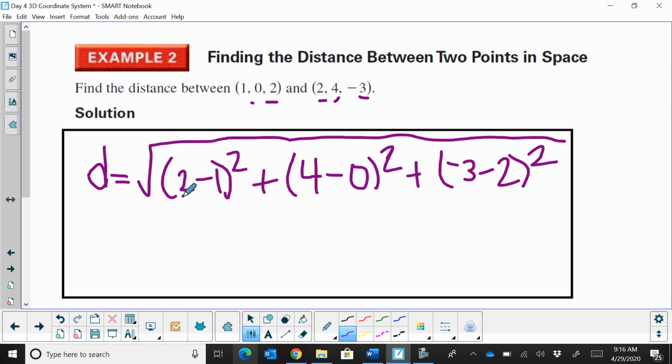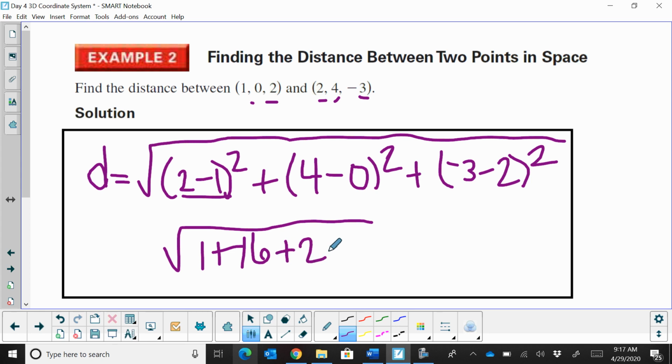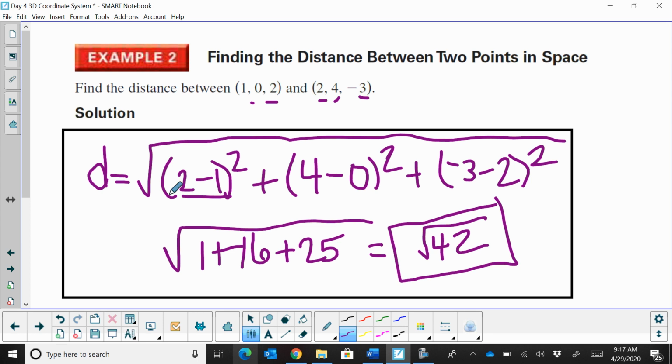So that gives me 1 squared, which is 1. 4 minus 0 squared is 16. And -5 squared is 25. So that's going to simplify to the square root of 42. And that is my answer for the distance between 2 points.